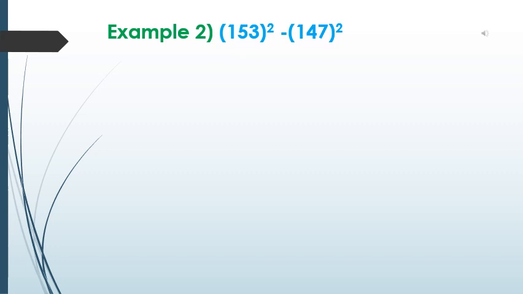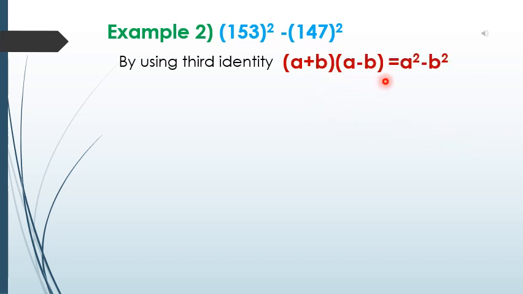Next example is 153 whole square minus 147 whole square. We will use the third identity. Here a is equal to 153 and b is equal to 147.